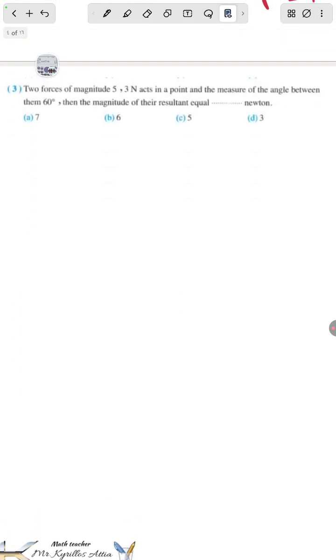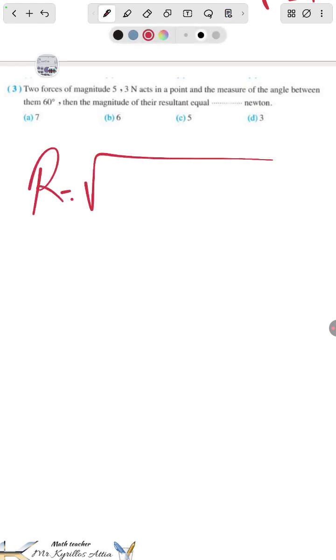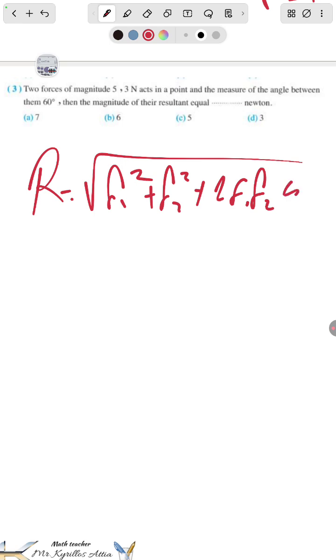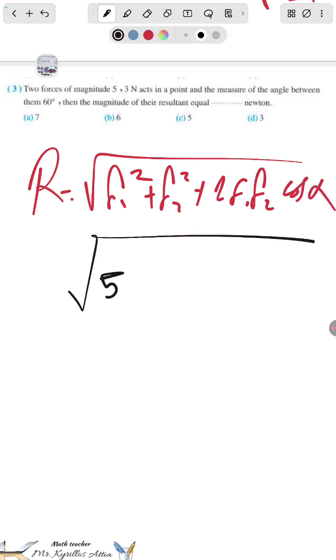Two forces of magnitude 5 and 3, and the angle between them is 60. Find the resultant. R equals root of F1 power 2 plus F2 power 2 plus 2 F1 F2 cosine alpha. We substitute: 5 power 2 plus 3 power 2 plus 2 times 5 times 3 times cosine 60.